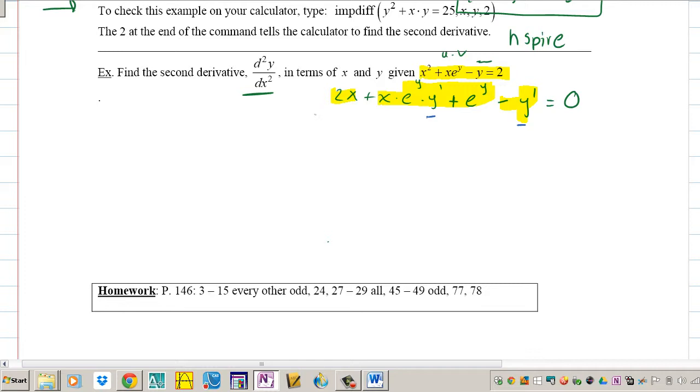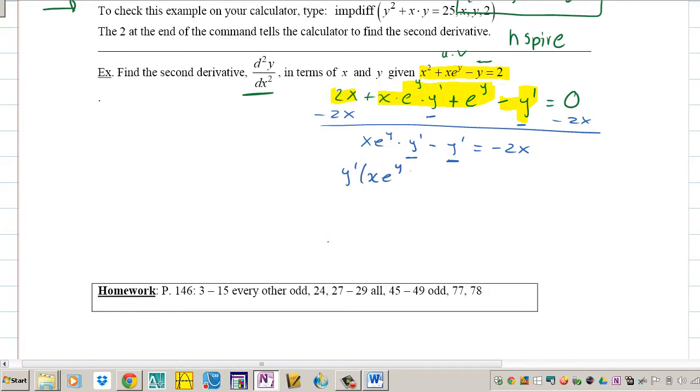By subtracting 2x from both sides, I can make it easier. So it's x e to the y times y prime minus y prime equals negative 2x. I can factor out a y prime so that I get this expression left.